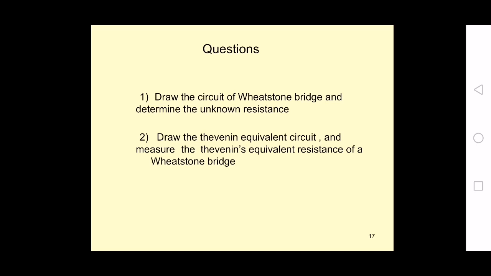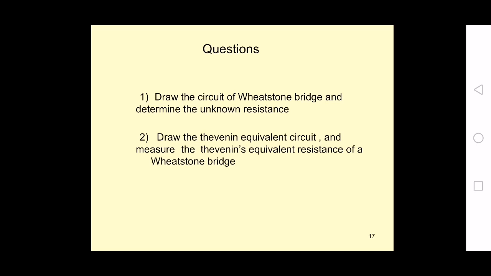Hence a power supply has to replace the battery, and a DC VTVM replaces the galvanometer in case of high resistance measurements. In case of high resistance measurements in mega ohms, the Wheatstone bridge cannot be used.